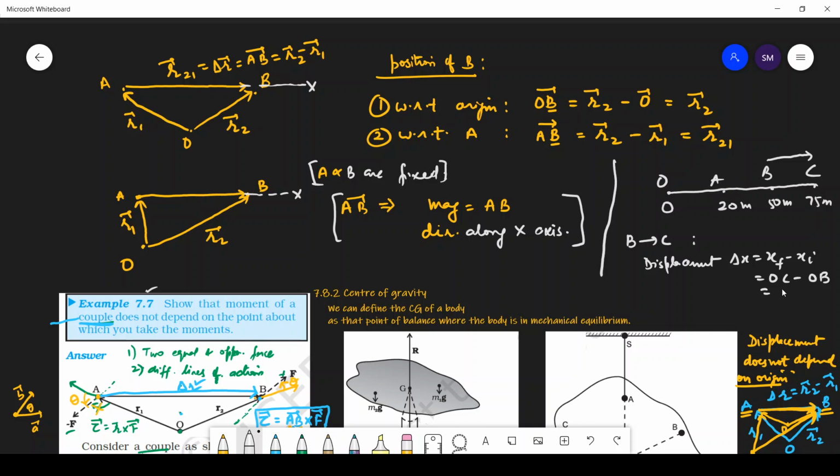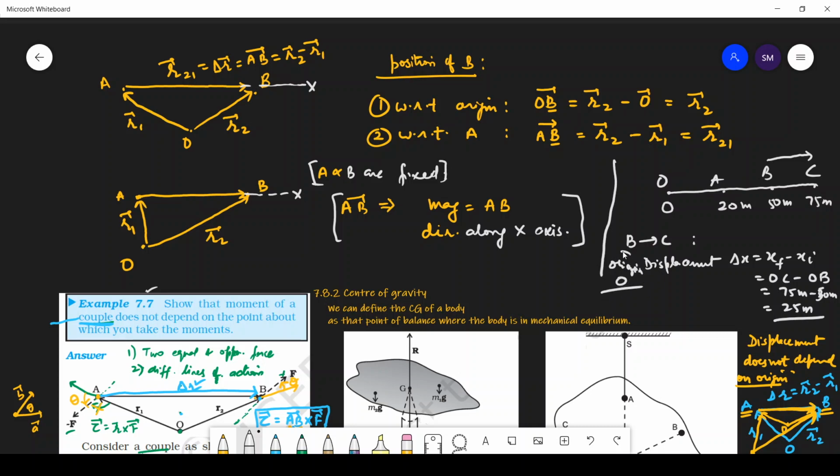So OC is 75 meters minus 50 meters. So the displacement is 25 meters. Okay. So here O was the origin.